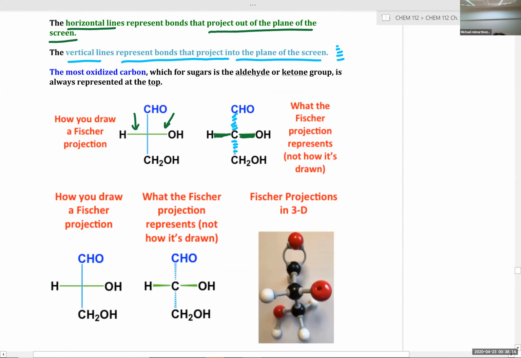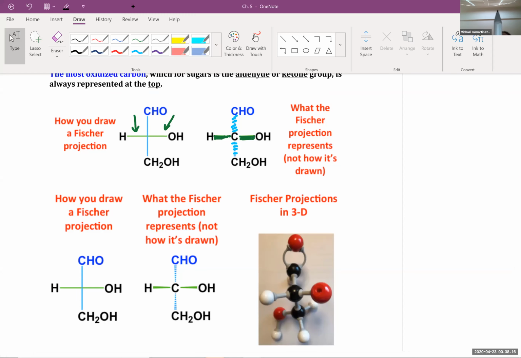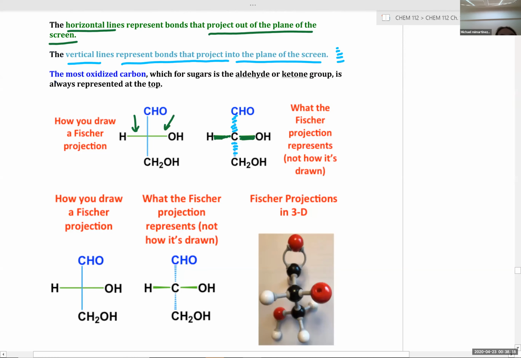Now, there's an important rule for Fischer projections that you really need to focus on. The most oxidized carbon, which for sugars is usually the aldehyde or ketone, is always at the top. So our aldehyde is always drawn at the top of our structure, at the first carbon or first position.